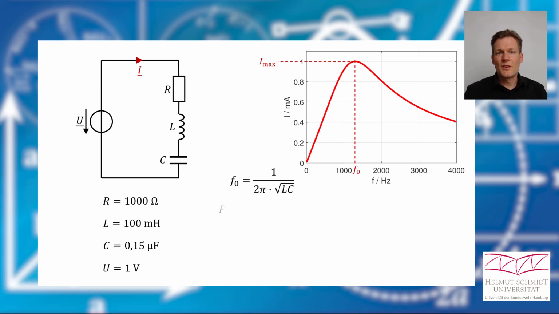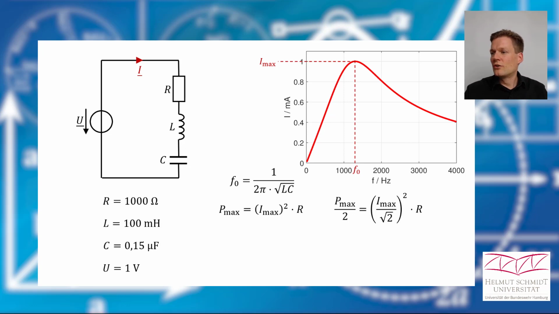In our resistor, the power consumption will be the maximum current squared times R. And now let's calculate which current we need to have half of this maximum power consumption. It's quite easy because the current is squared. It means that we have to decrease the current by the factor square root of 2 to get half of the power.